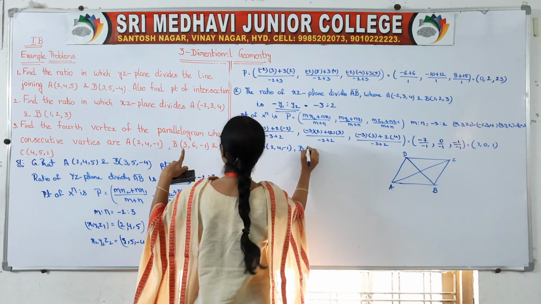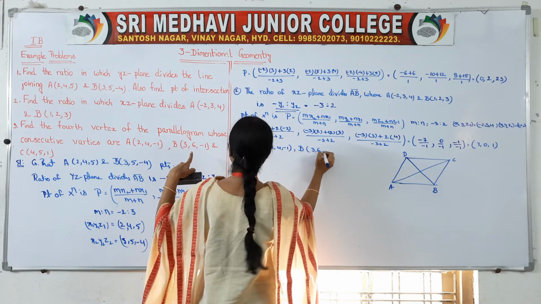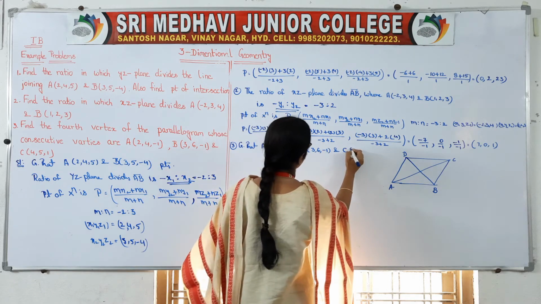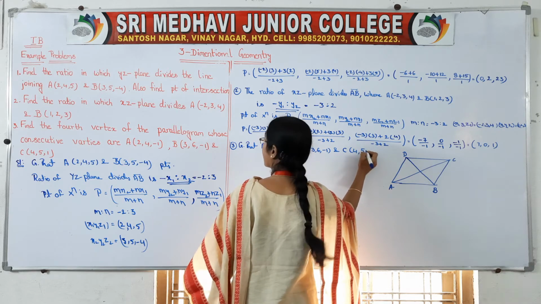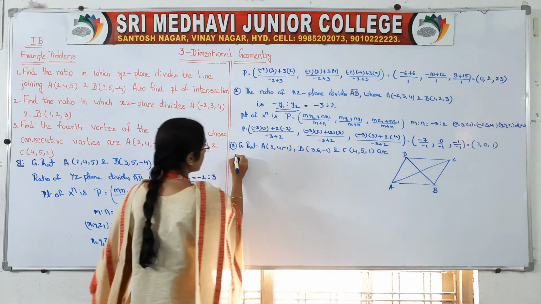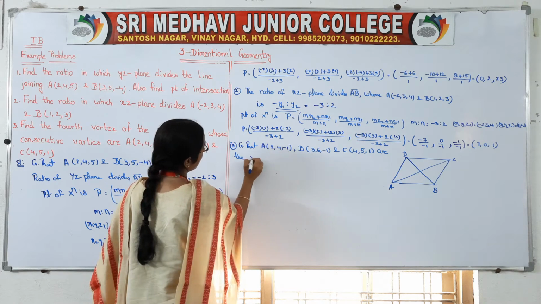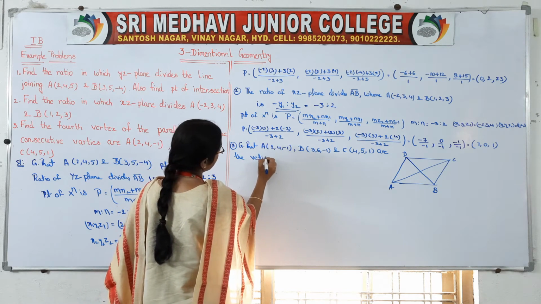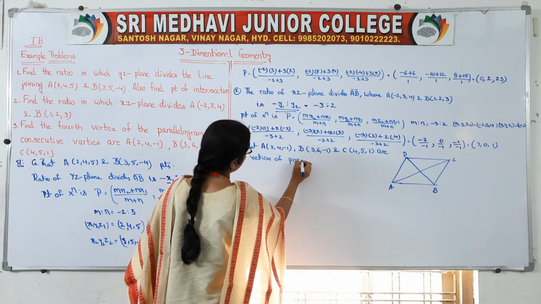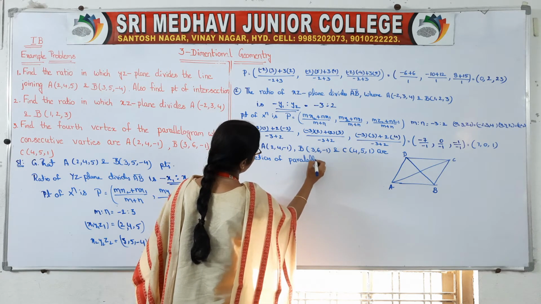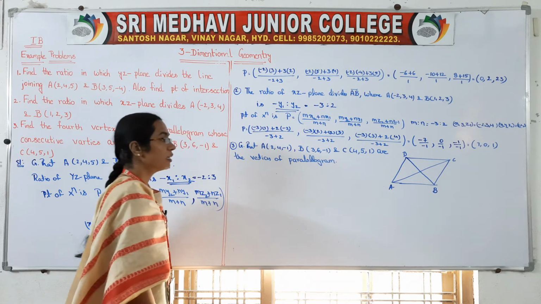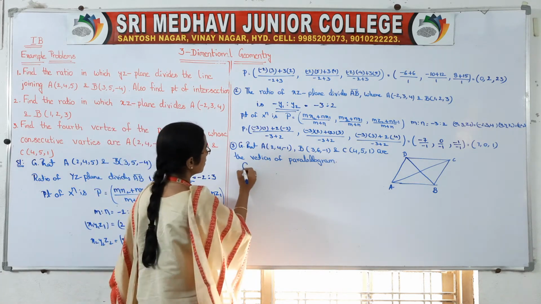Next B, 3, 6, minus 1, and C, it is 4, 5, 1 are the vertices of a parallelogram, right?